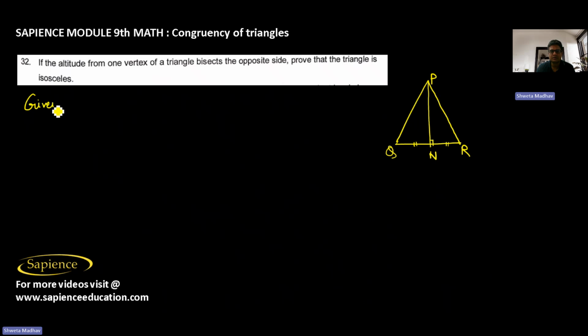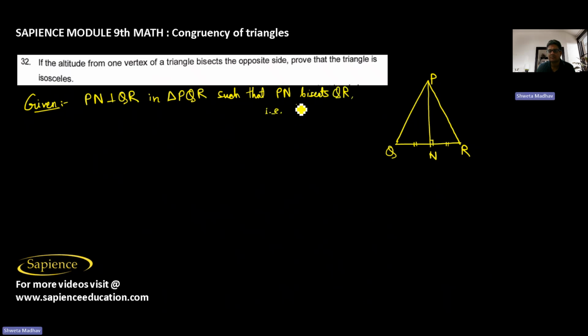So it is given that PN is perpendicular to QR, or I can say that PN is the altitude on the side QR in triangle PQR, such that PN bisects the side QR.